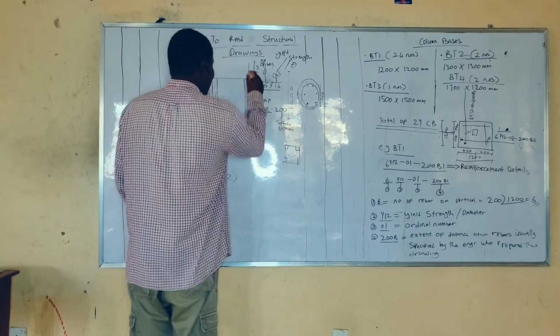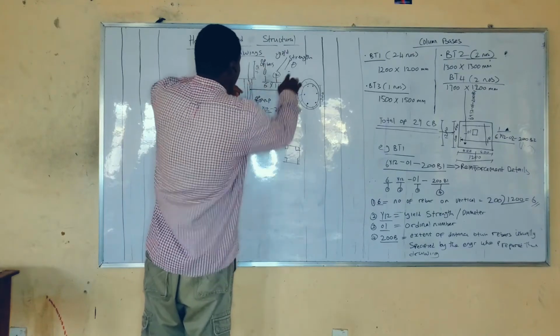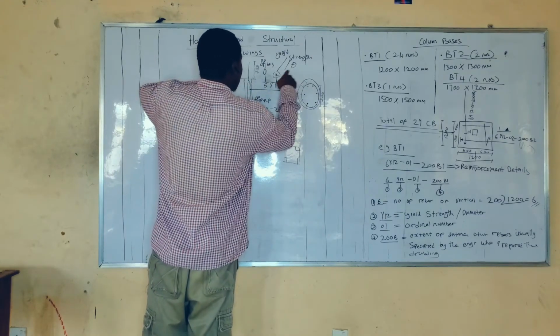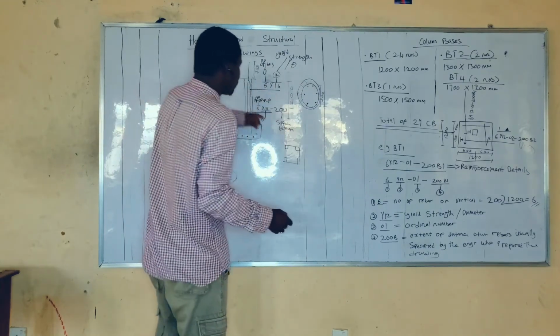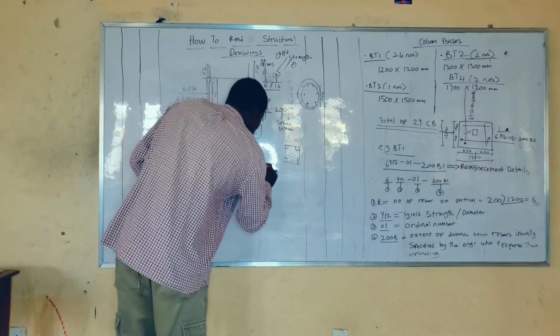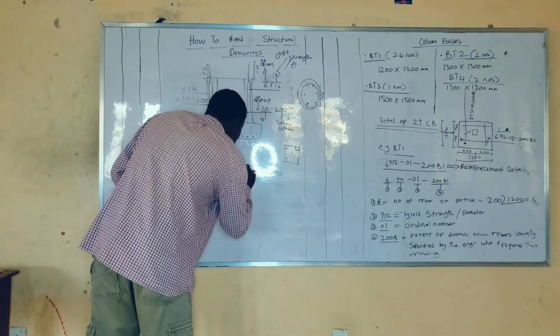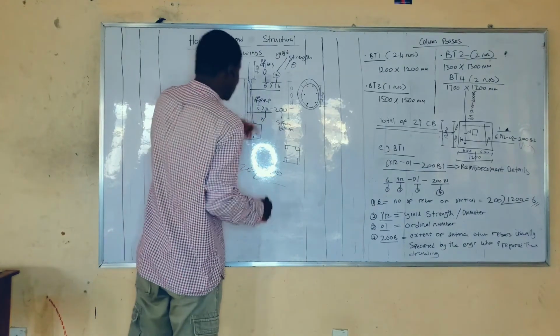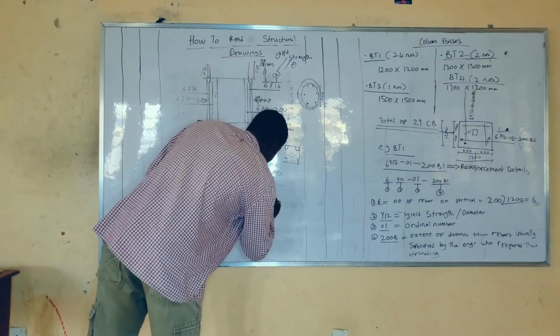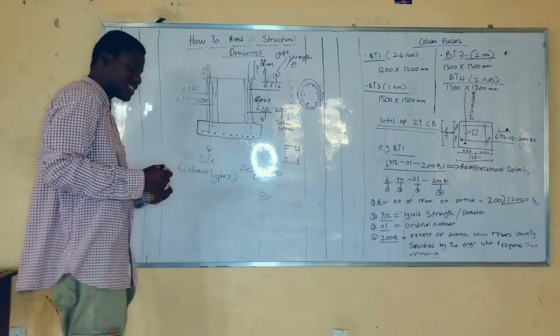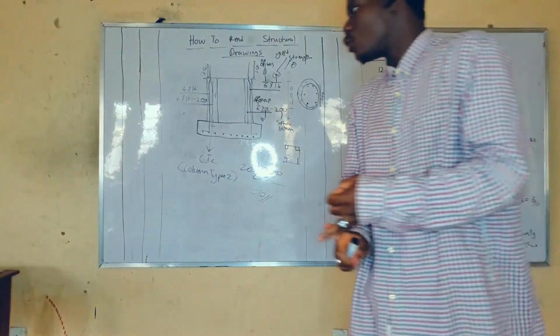And this here is 1,200 millimeter long. So it should be 1,200 divided by 200, which will give us 6. So there you have it. That's how to read your column and structural drawing.